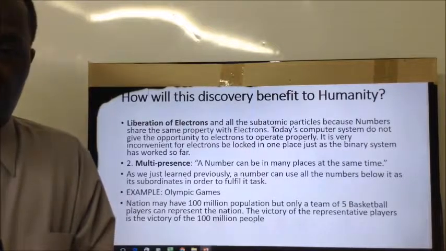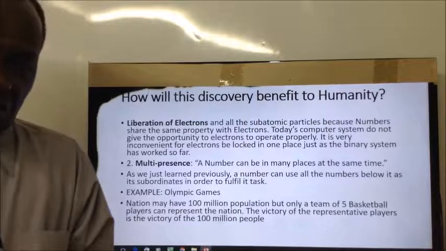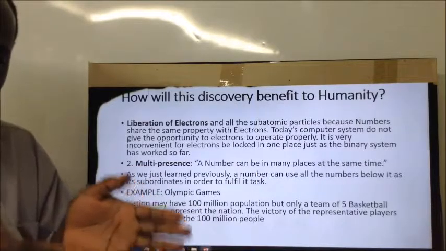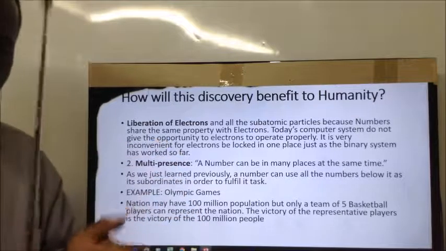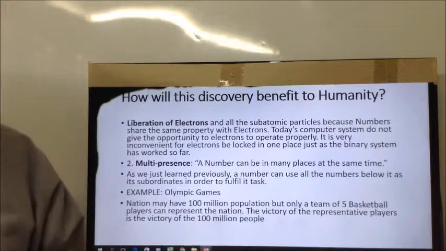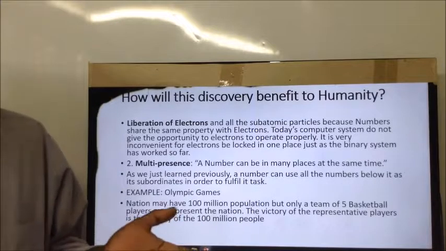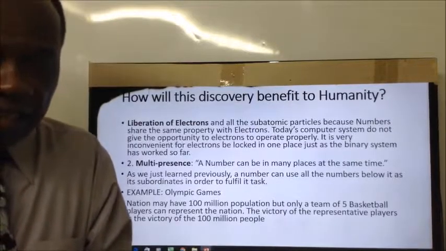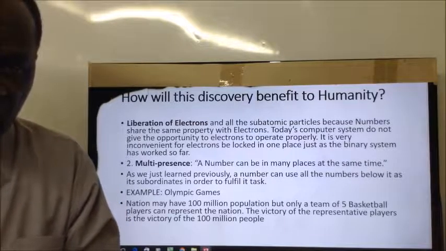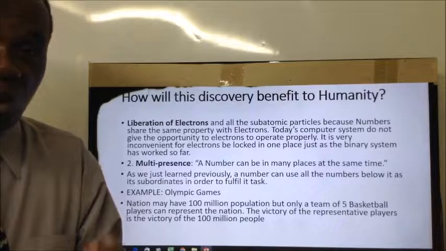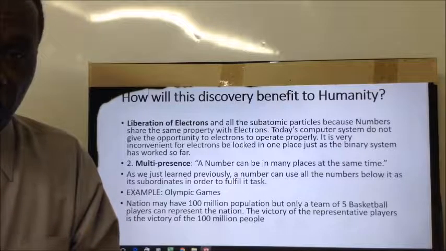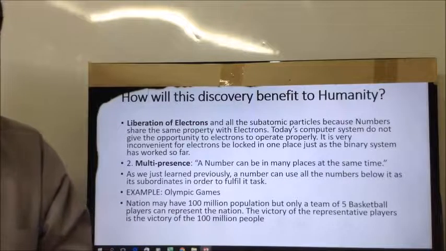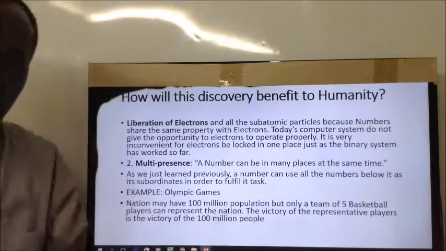An electron is forced to be either 0 or 1 at a time. Because of that way of handling the electrons, our technology has been so poor. The information technology could not take us where we like to be.